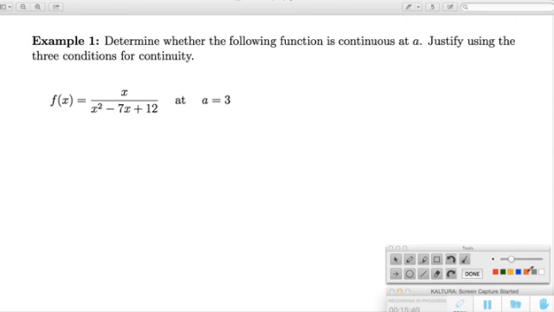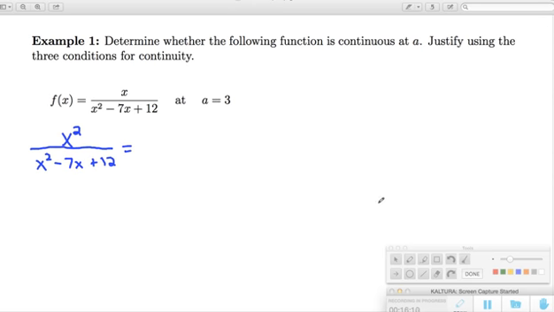So let's do that. Since this is a rational function, rational meaning ratio, we have a denominator, which means that you need to consider if the denominator is going to be 0 or not. That's a big deal with rational functions.